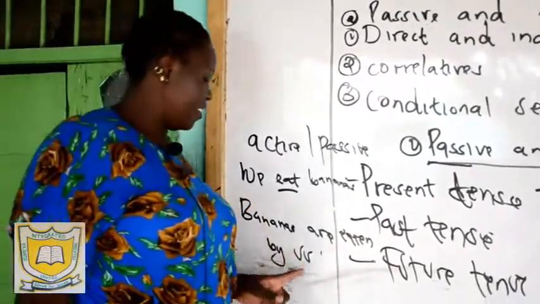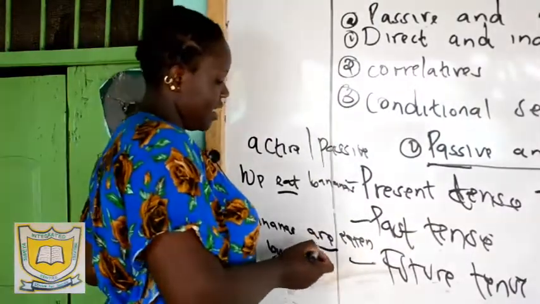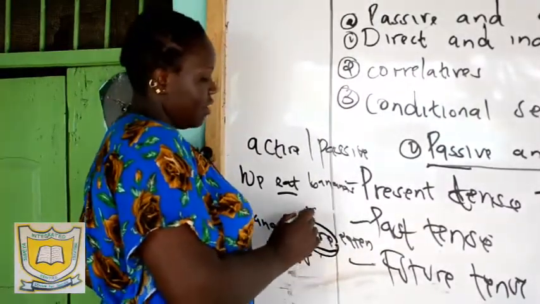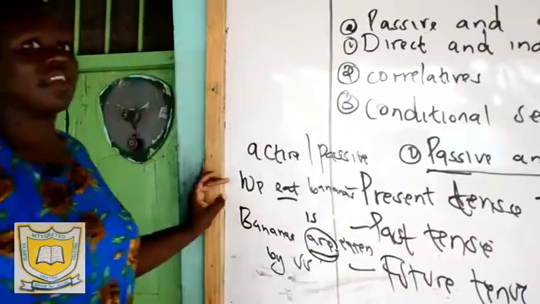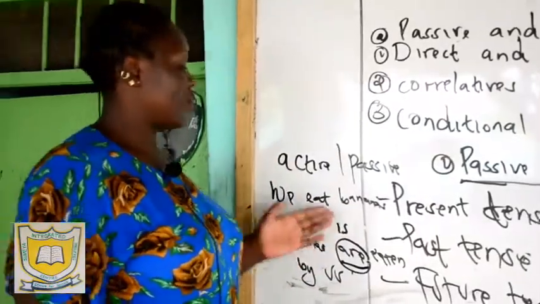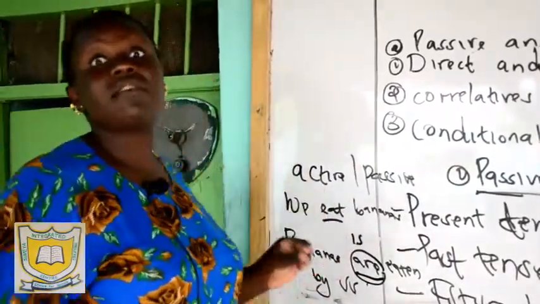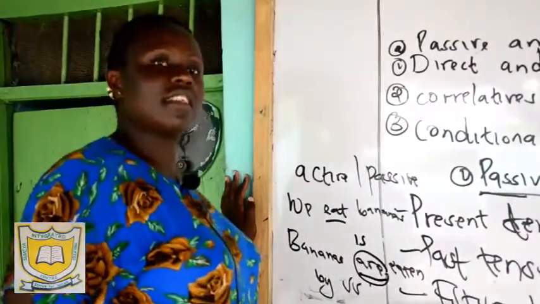The object changes to us, and I'm coming up with are. So the passive voice of the present simple tense is formed by use of is or are plus a verb in the past participle. You simply go back to your notes and check this.